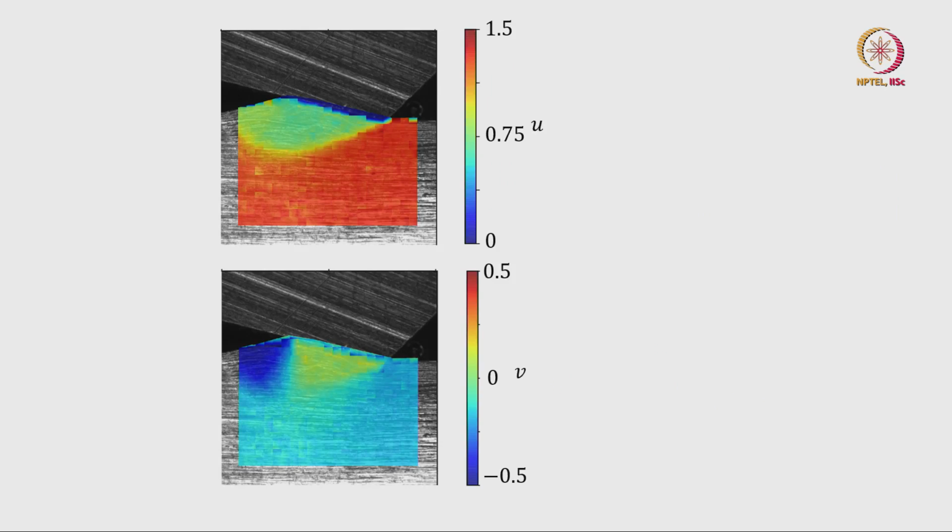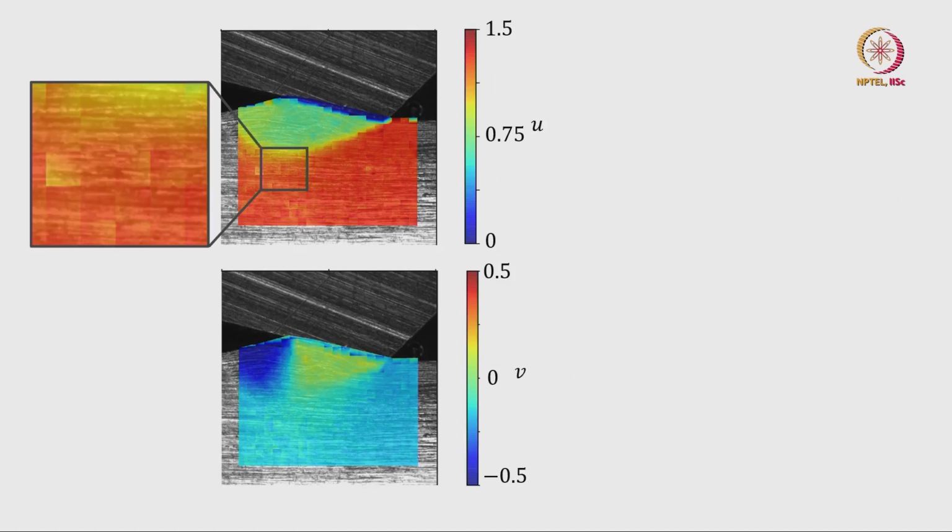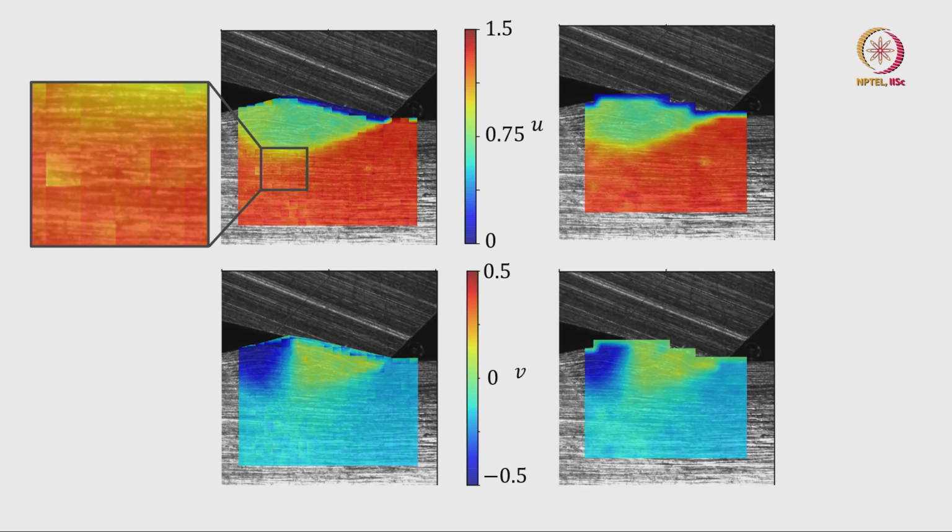This is how a typical displacement field looks, but in the search process we end up with issues such as discontinuities across the subset search regions. We have to handle that using some type of curve fitting or interpolation technique. We will briefly see how these issues are addressed in this open source algorithm.